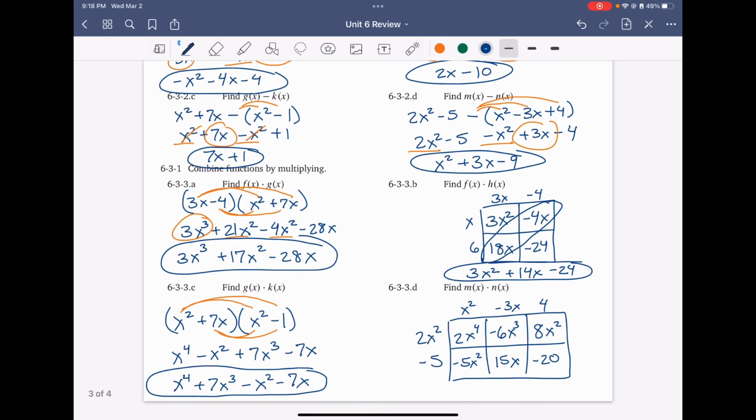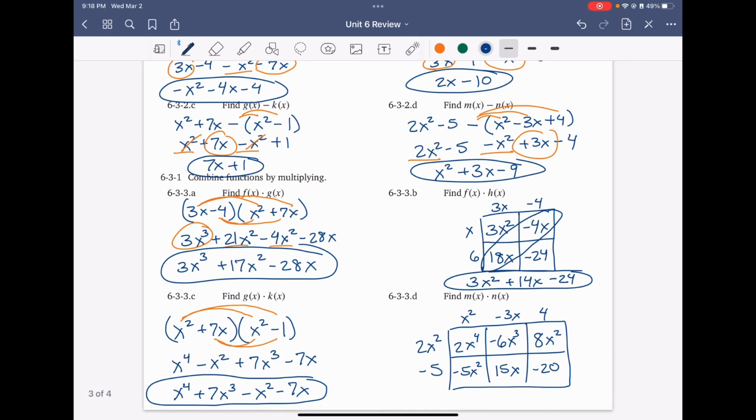All right, so again, let's start listing these from highest exponent. Our highest exponent is this top left box here, so 2x to the 4th. Then I next have to find my x cubed terms. For my x cubed terms, I just have one of them, and it is negative 6x cubed.